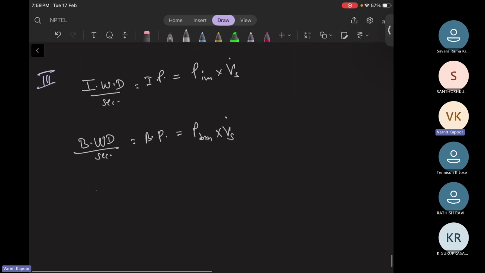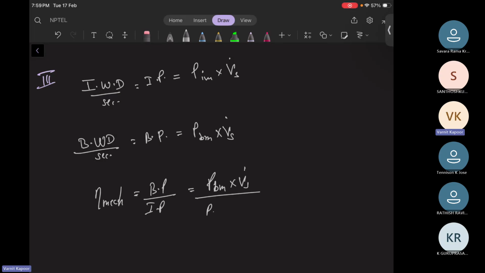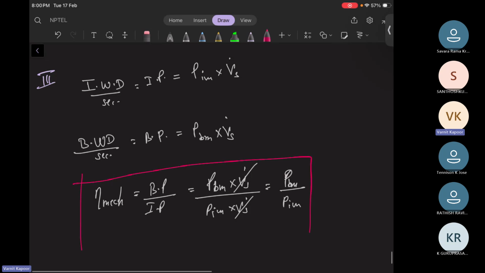So mechanical efficiency is brake power to indicated power, you have just seen. So it is nothing but PBM Vs dot by PIM into Vs dot. So this cancels out. It is ratio of brake mean effective pressure to that of indicated mean effective pressure as well.